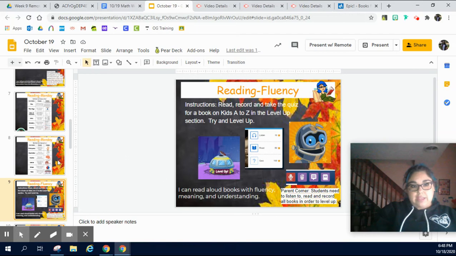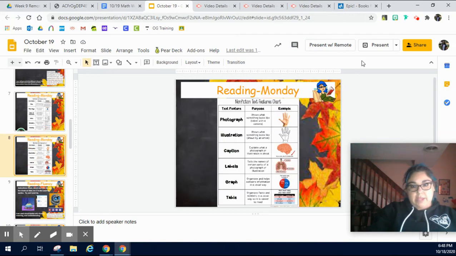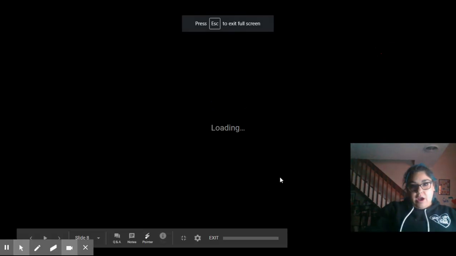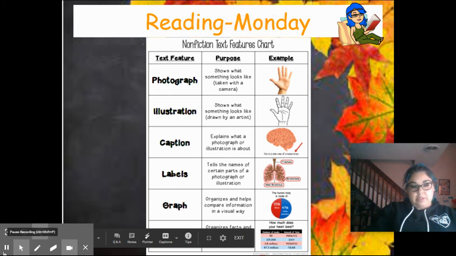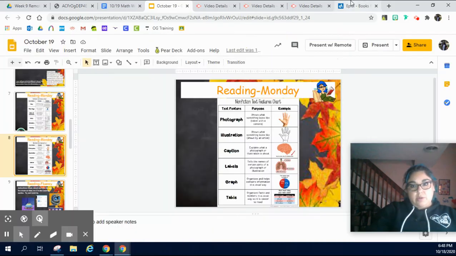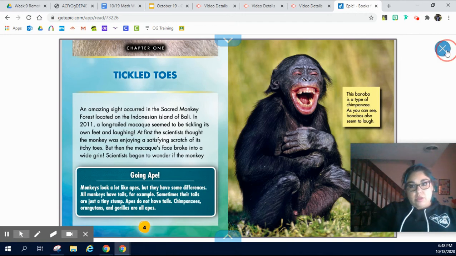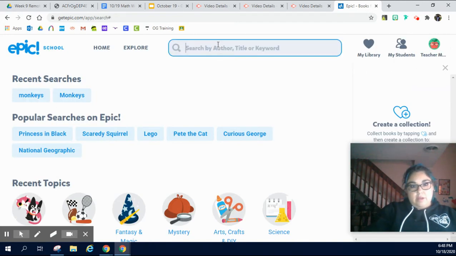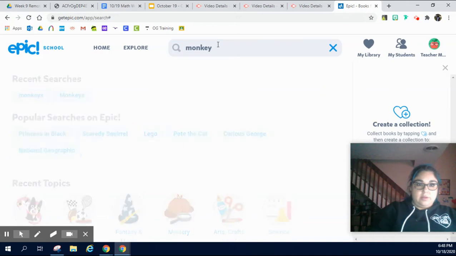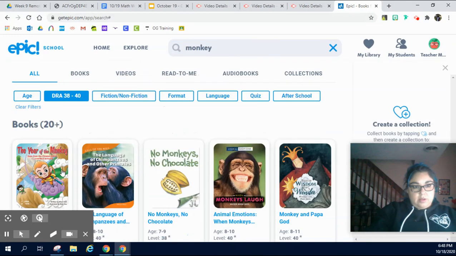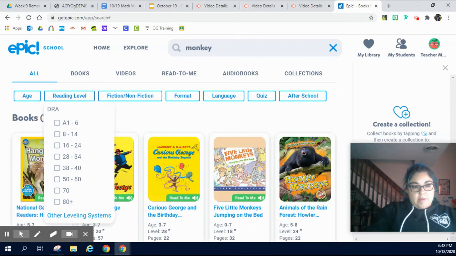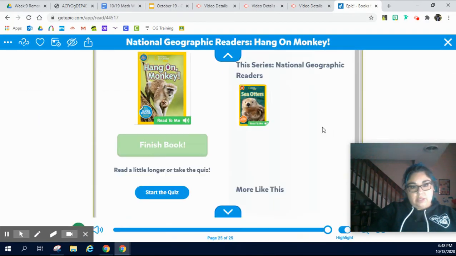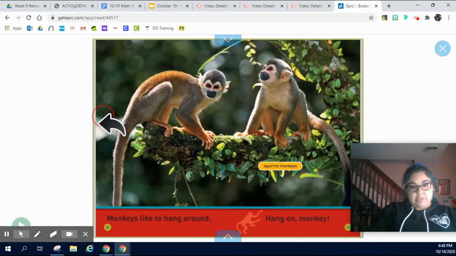All right. The next thing are labels. There are things that are labeled in our story. So we're going to go back to the book we were reading before. This one is not the one we were reading, but it has labels in the pictures.